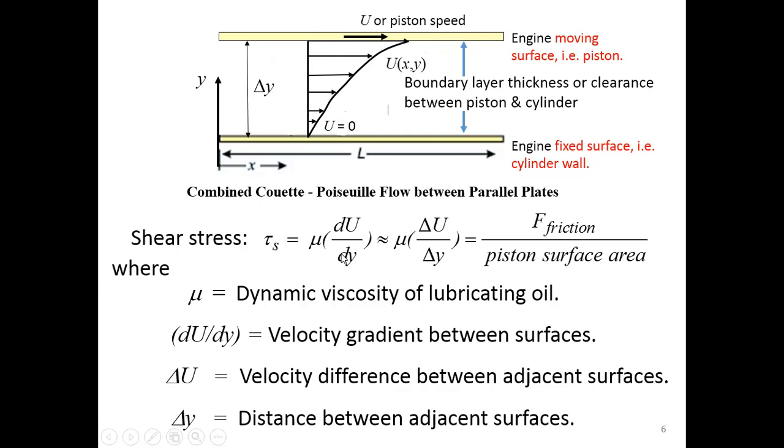Okay, and this is the shear stress that we can calculate from the flow behavior here. Shear stress is equal to mu, which is the dynamic viscosity of the lubrication oil, and du by dy is the velocity gradient between these two surfaces.